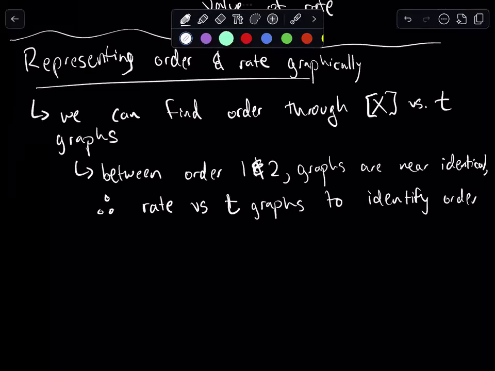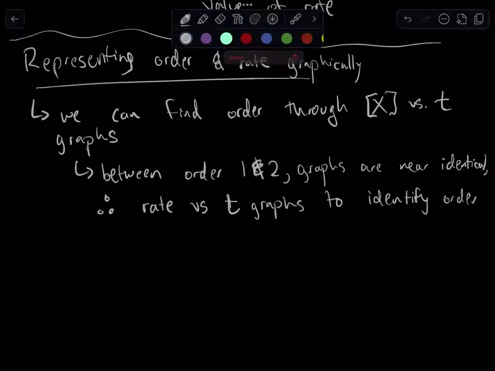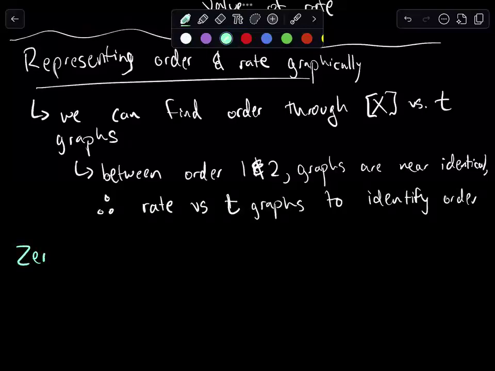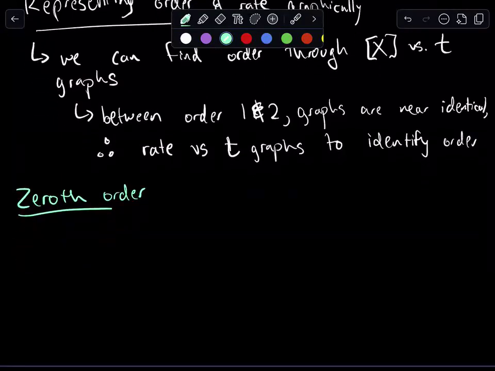So let's just start with a 0th order reaction. Now, 0th order is when our rate is not affected by the concentration of reactant.